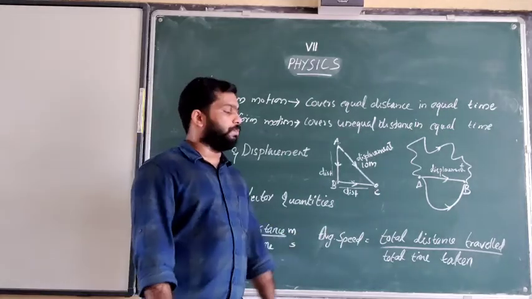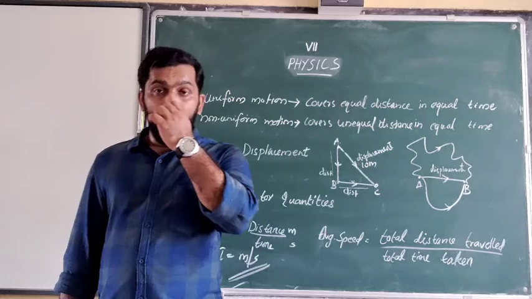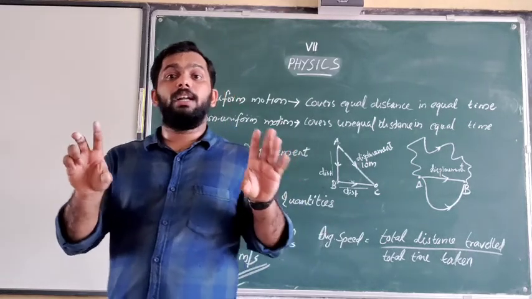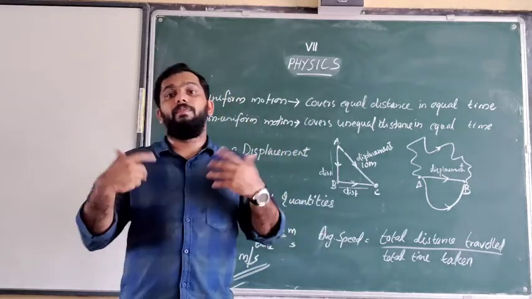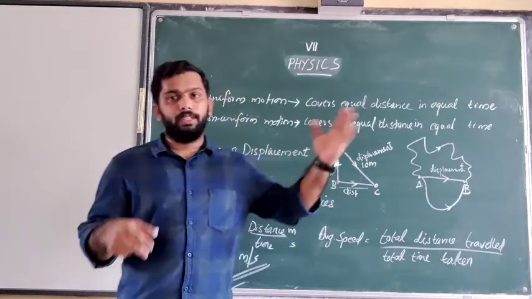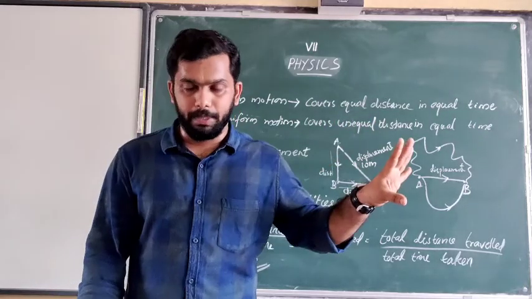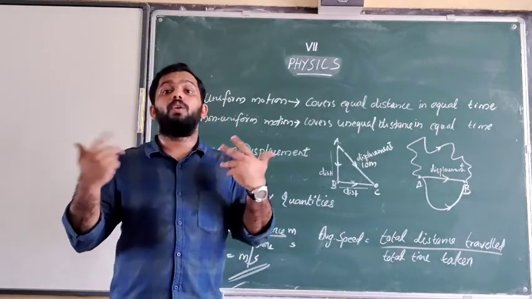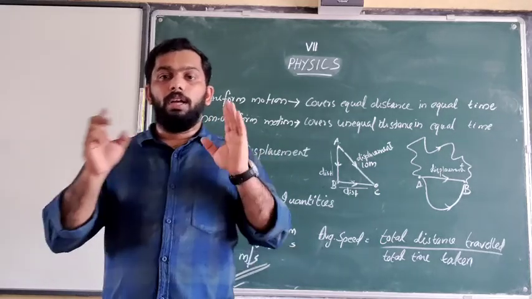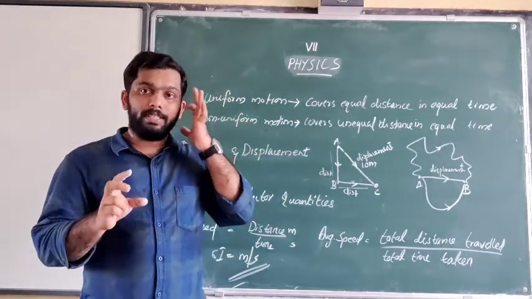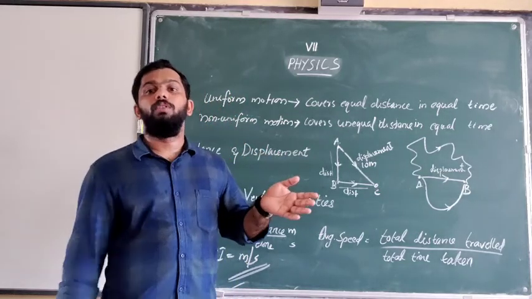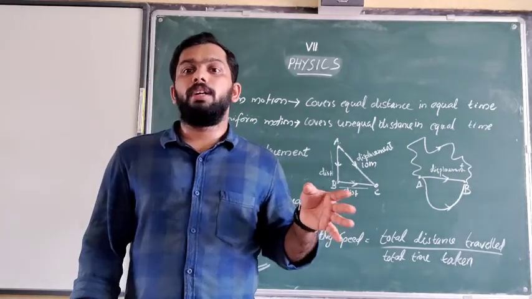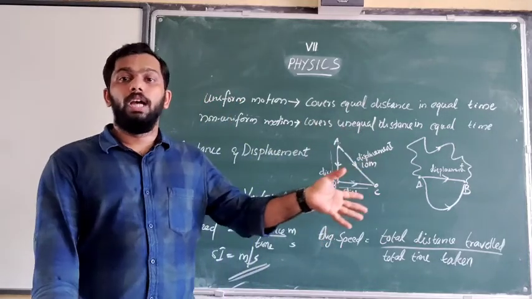One more topic regarding speed: what is average speed? Average speed is normally considered when we have a non-uniform speed. If it is a uniform speed, it is equal to the average speed. If it is non-uniform, how do we calculate it? For example, in 10 seconds it moves 10 centimeter, and in the next 10 seconds it moves 20 centimeter.